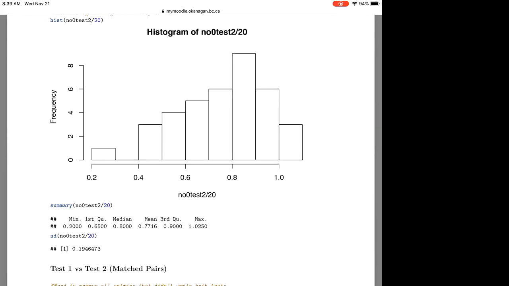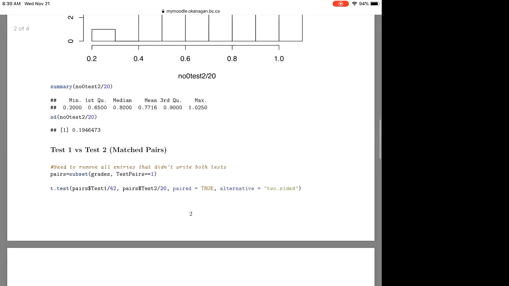Then we said, okay, well, what if we look at your test 1 versus your test 2 scores, right? For each of you. Was there any improvement is kind of what I'm curious to know. Because I'm looking at 2 measurements on the same subject, so you're the subject, you've got a test 1, test 2, that's 2 samples, but they're matched pairs.